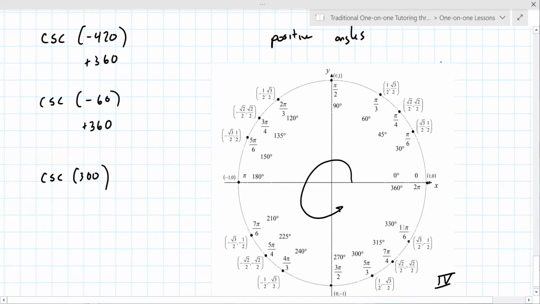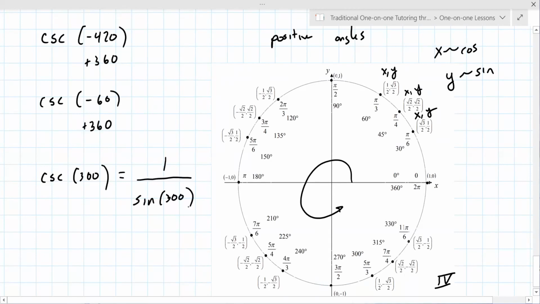So you notice there's all these XY pairs. Do you see that all over the place? So the X is cosine and the Y is sine. And cosecant is really 1 over the sine of 300. So when you look at this ordered pair right here, X is cosine, Y is the sine. What is the Y value?